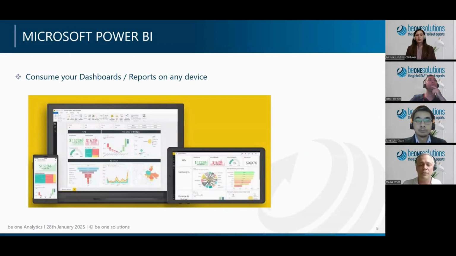All the reports that are being generated on Power BI Desktop, or even then in the cloud, we come to the cloud later, can be consumed on any device. So you can use that on your PC, laptop, tablet, your cell phone. There are no limits, and Microsoft Power BI is one of the leaders when it comes to these kinds of easy settings and having that for, let's say, multi-device delivery.